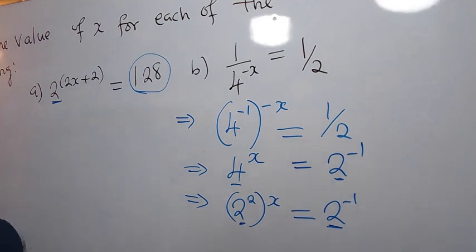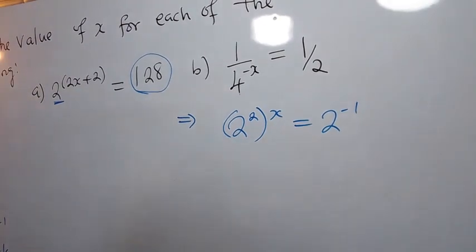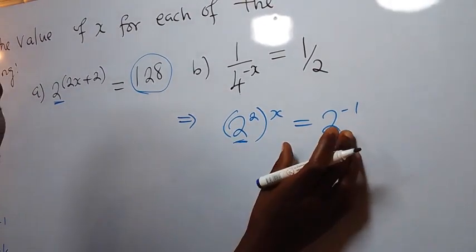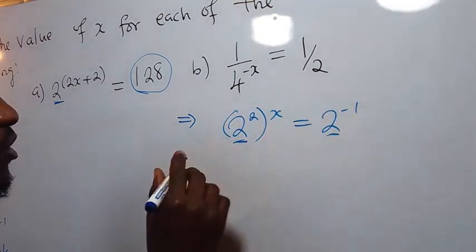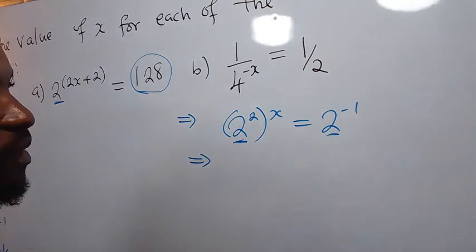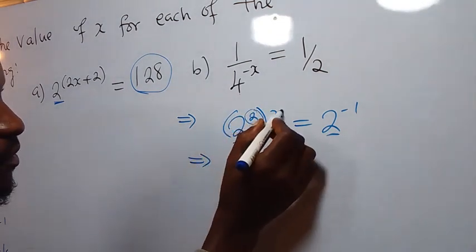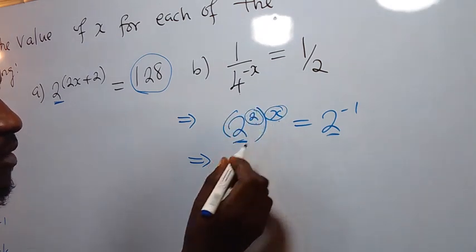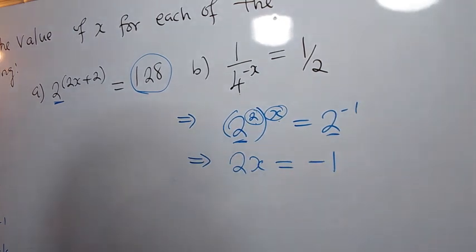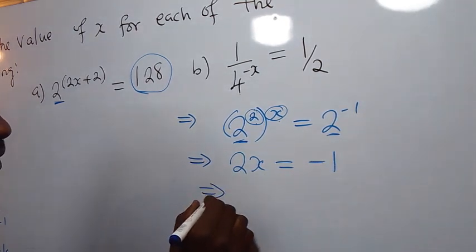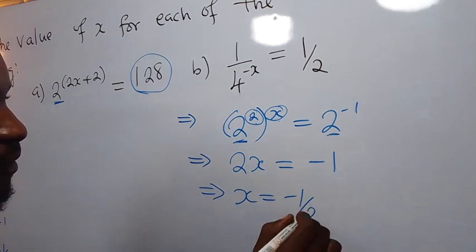So to finish up this one, we have ensured that the bases are the same, so we are going to equalize the powers. For this one to come out correctly, the powers are the same. So this is 2x, and this is negative 1. So you say 2 times x, you get 2x equals minus 1. And then from there, you say x equals negative half.